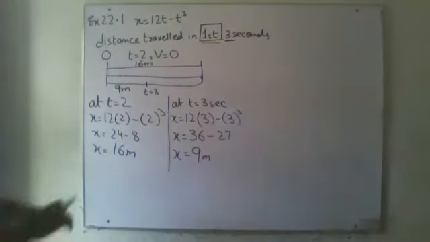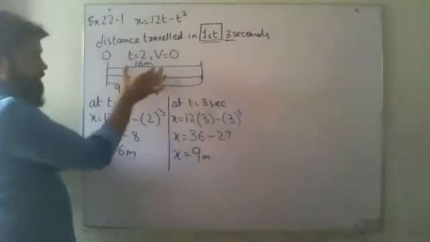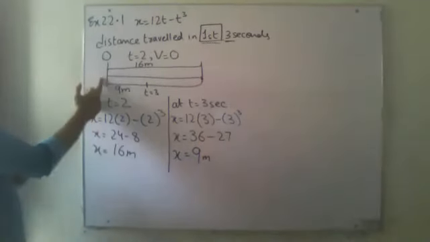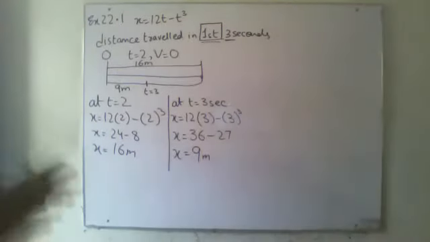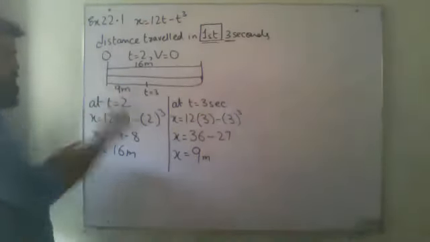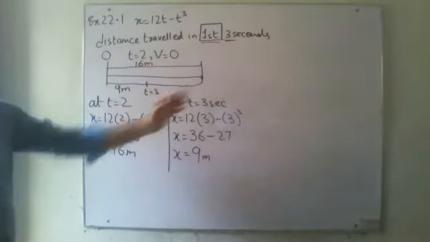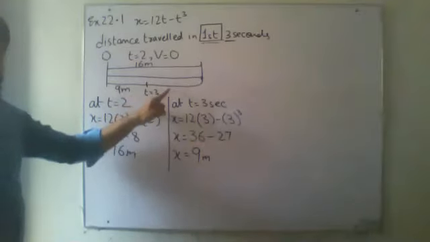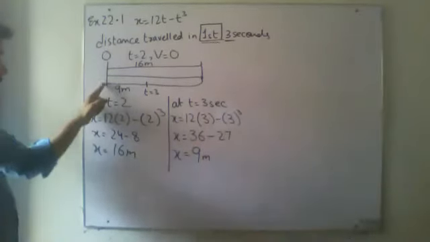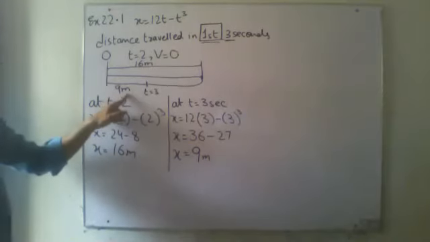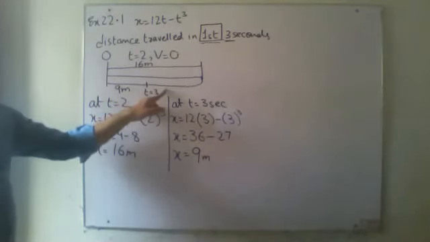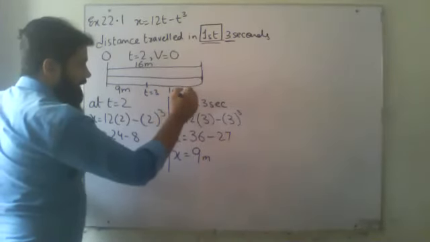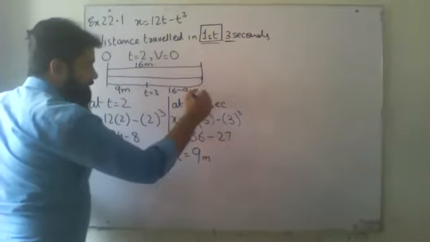Okay, so my body goes in this direction. This is 16 meter. Of course, from this point to this point, you can see it will be 16 meter. But I am standing over here. I don't know what is this distance, but I know how far I am from my starting point, that is 9 meter. So how will I get this? I will get it by 16 minus 9. The result is 7 meter.